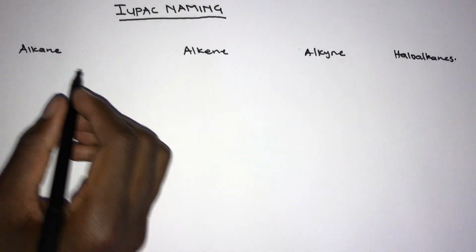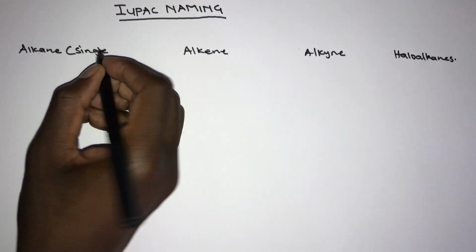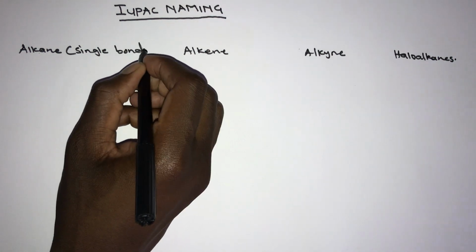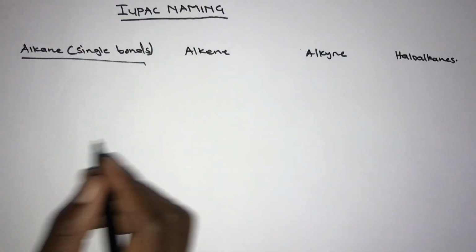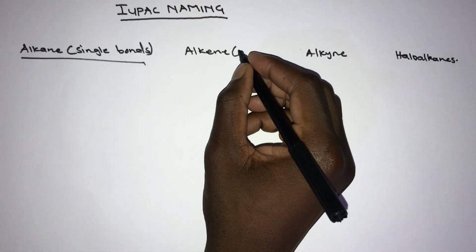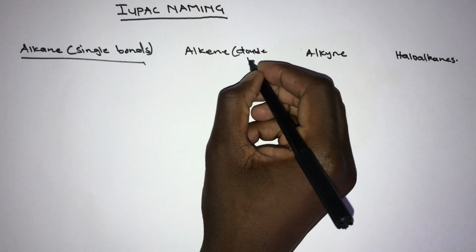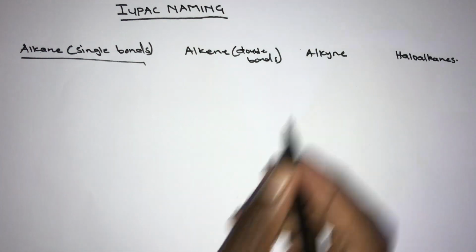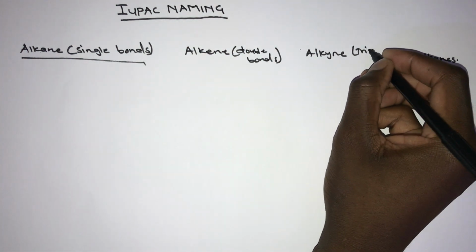So remember, alkanes, they have single bonds, and they are also saturated. And then alkenes, they have double bonds, and then alkynes, they have a triple bond.